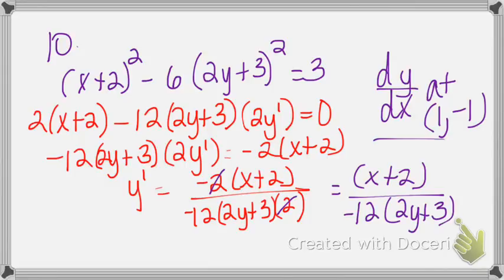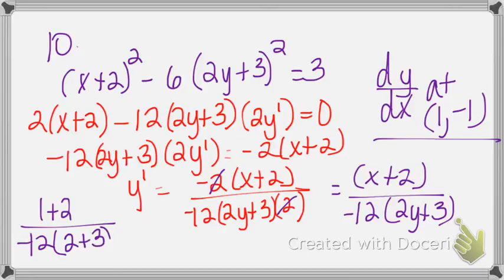Because to find the derivative at 1, negative 1, we now plug in 1, negative 1. So we would have 1 plus 2 over negative 12 times 2 times 1 plus 3. Two times negative 1, negative 2 there.